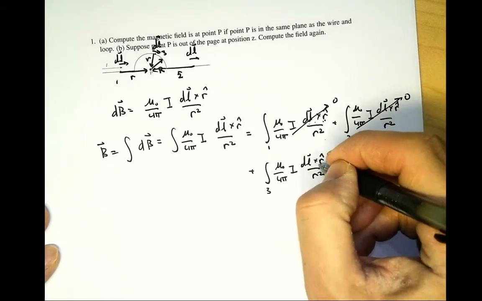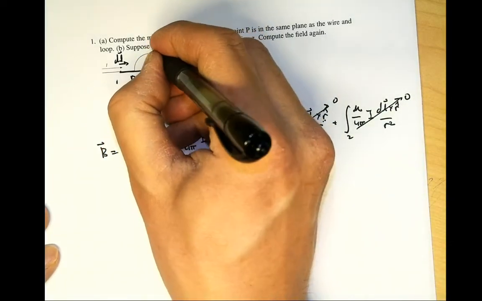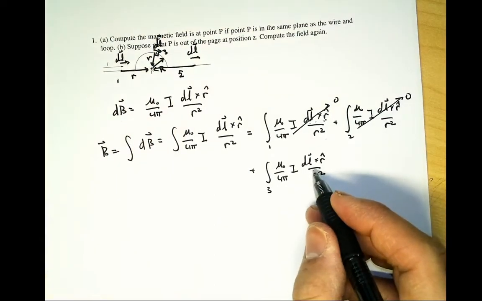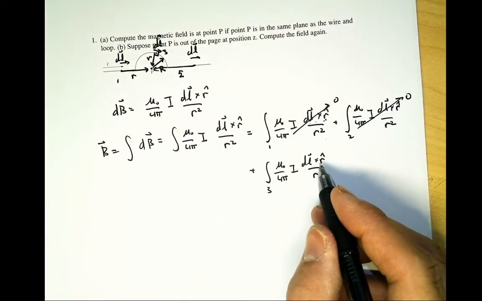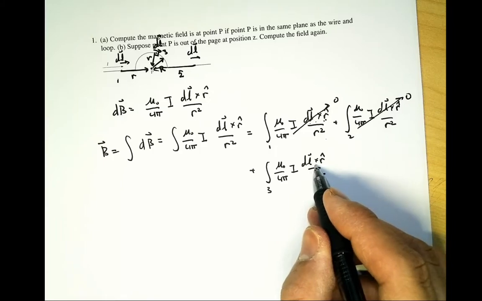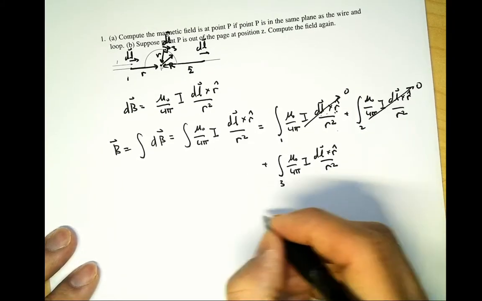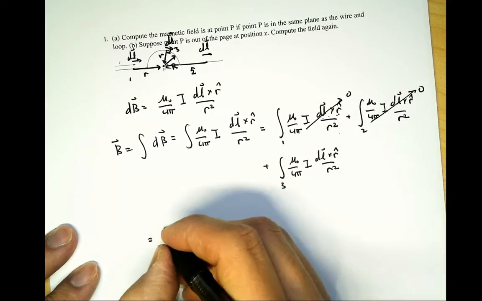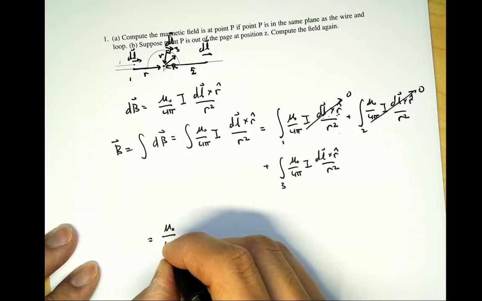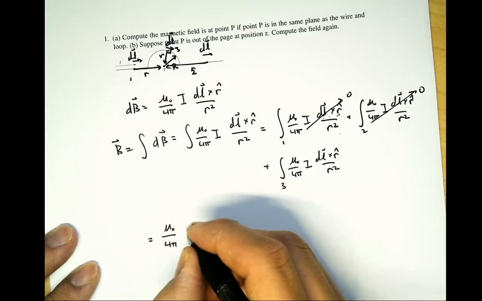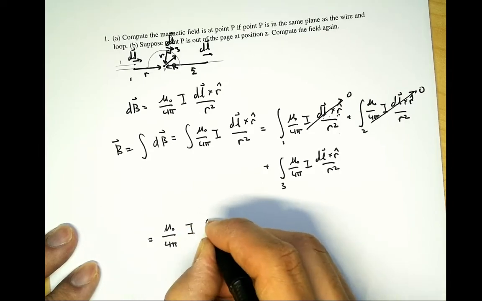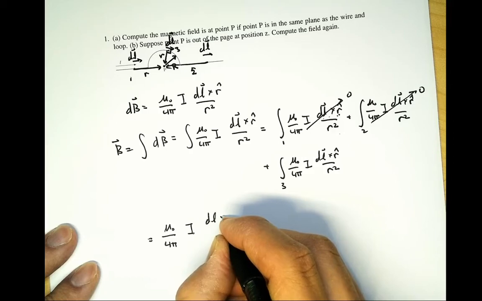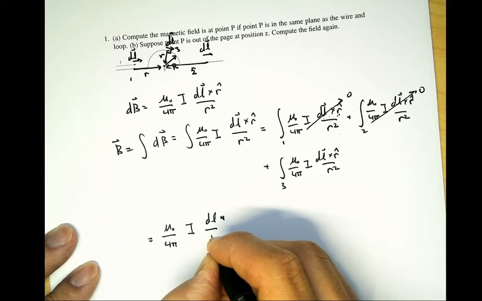Now in this case, they're perpendicular to each other by exactly 90 degrees, so this is not equal to 0. In fact, the magnitude is going to be equal to dl. So this is going to be equal to mu 0 over 4 pi I dl over r squared.